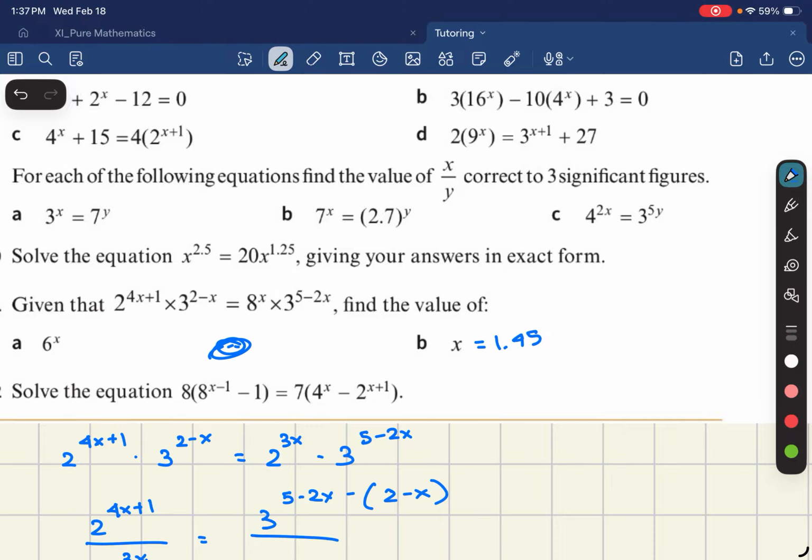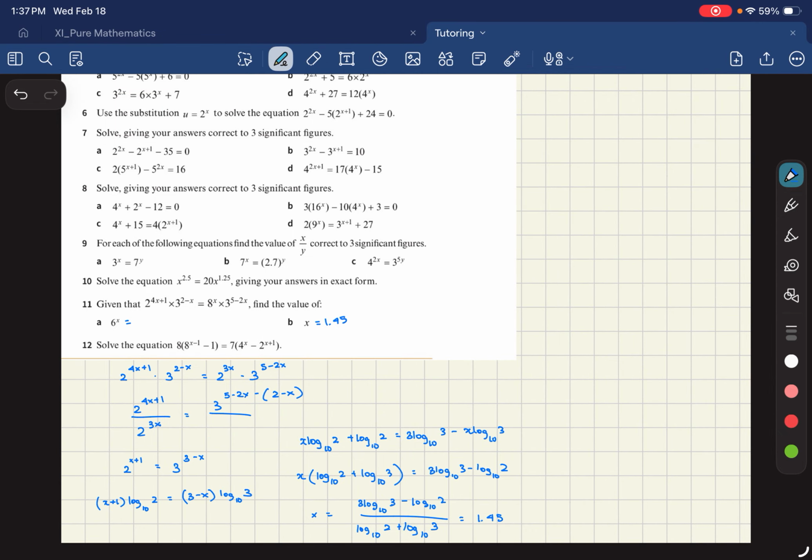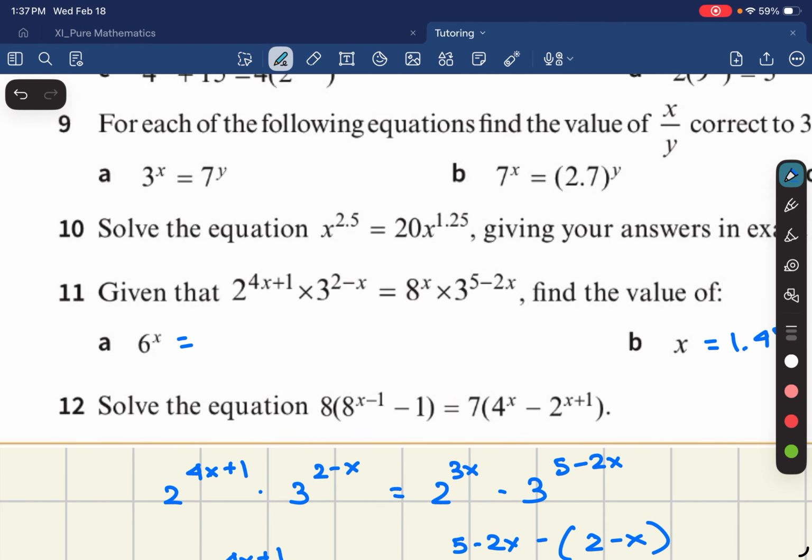So if you know x, you can easily figure out 6 to the power x, right? You can just solve for x first and go back to 6 to the power x. If you want to directly solve for 6 to the power x first, there might have been a manipulation step that I overlooked. But it's fine. Once you get x, 6 to the power x is just 6 to the power 1.45.